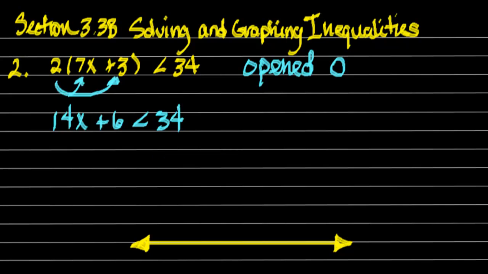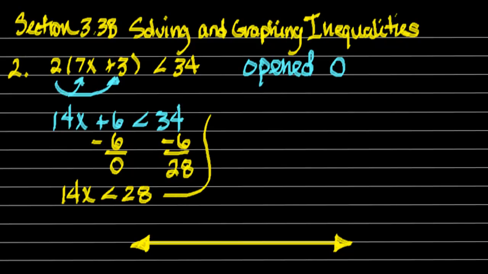If we look right here, we have to do the inverse of a positive 6, which is a negative 6. So let's do it to each side. See that that goes to 0. This 34 add a negative 6 will give me 28. So my inequality now is 14x is less than 28.